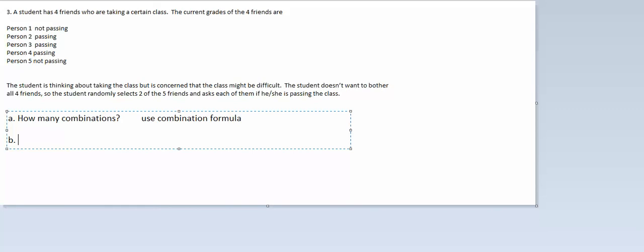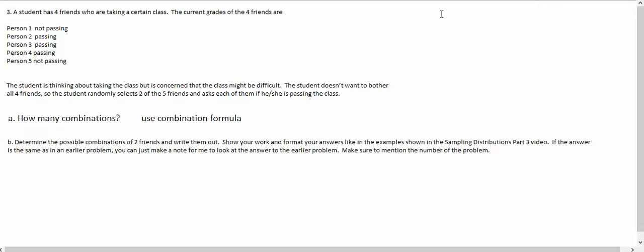Part B now says to actually list out the possible combinations. So once again, we're going to be making the same type of tree diagram, this time to find the possible combinations of 2.